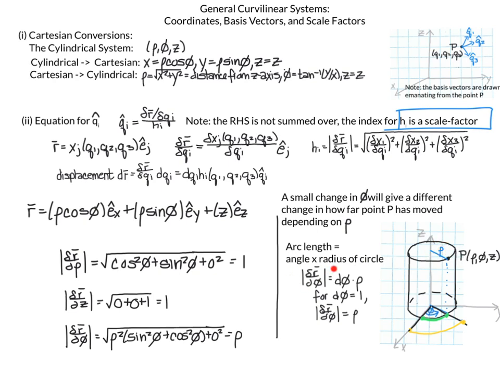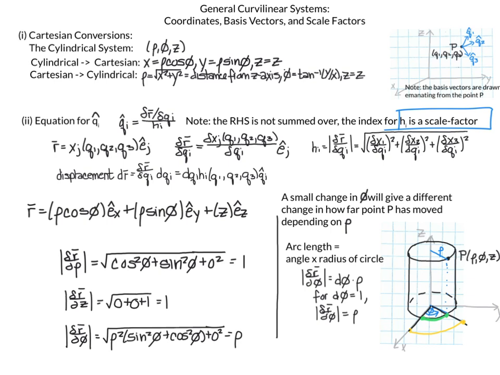So the change is d phi times the radius rho. And if phi is just 1 unit of change, then dr d phi is equal to rho, which is exactly what we had calculated over here for our scale factor.